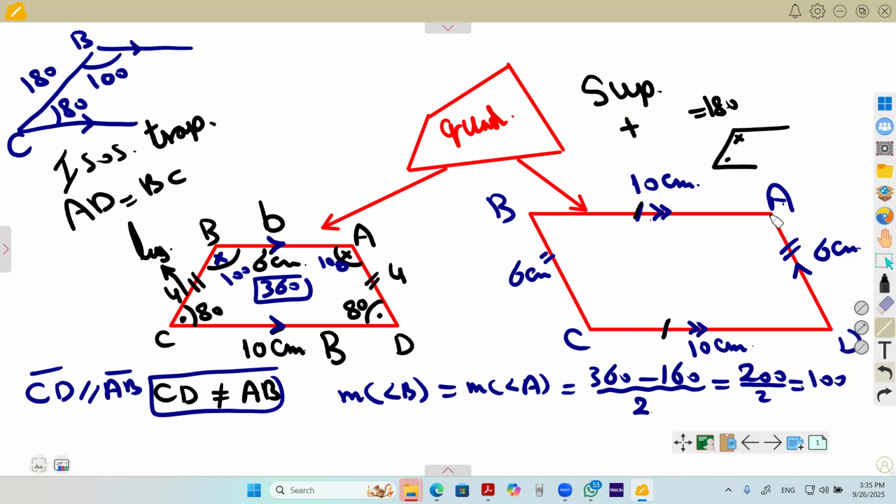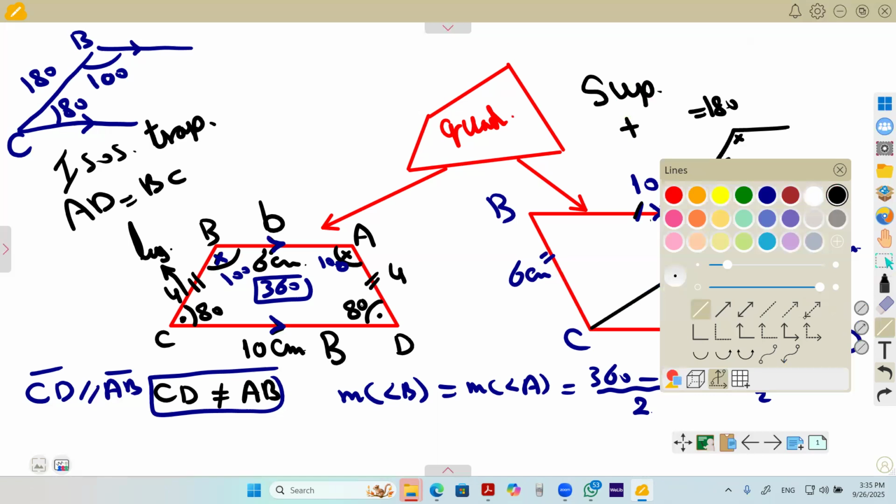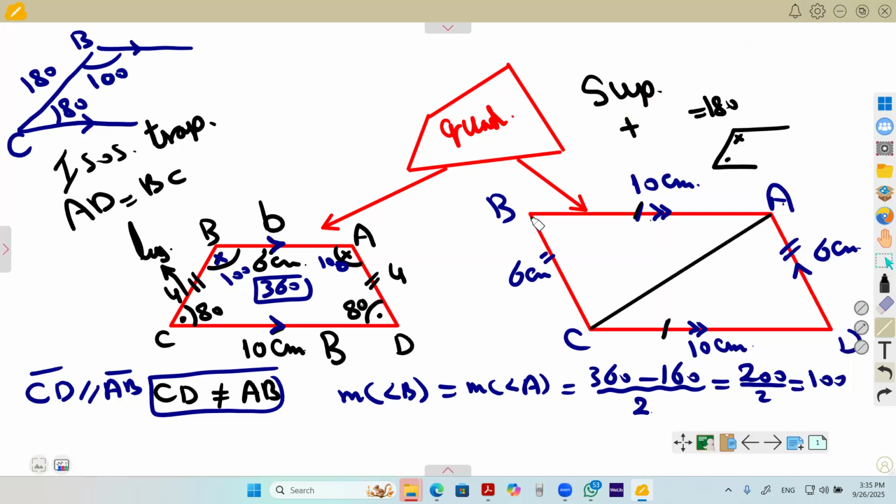If we join A with its non-consecutive point, it's C. If we join D with its non-consecutive point, we have to join it with B. The two diagonals AC and BD are intersecting at one point. If we name it M, M is the midpoint of each one of them.